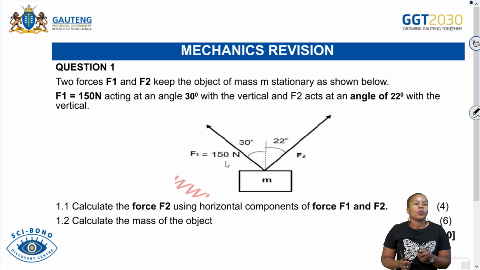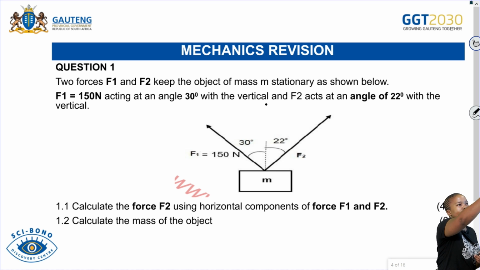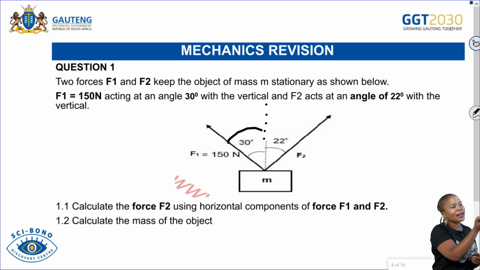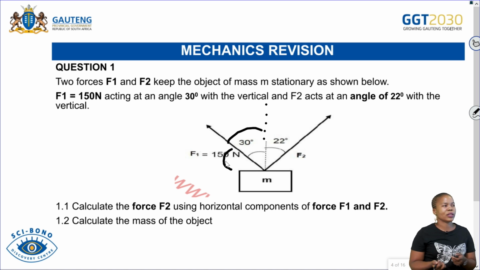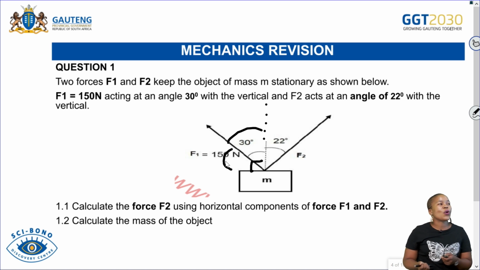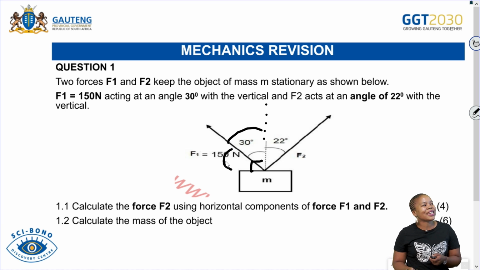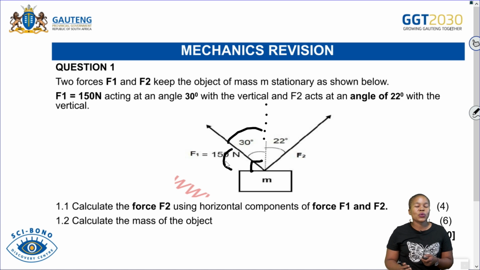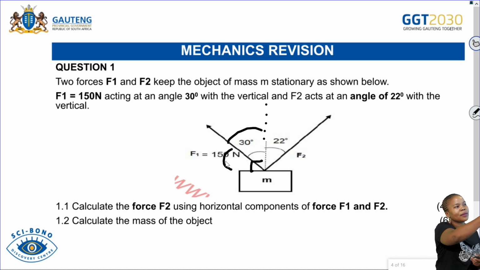If you split it like this, because this is 30 degrees to the vertical, the angle that we are interested in is this one, to the horizontal. Assuming that this part is making a 90, what is the angle that F1 is acting at to the horizontal? 90 minus 30 is going to give us 60.